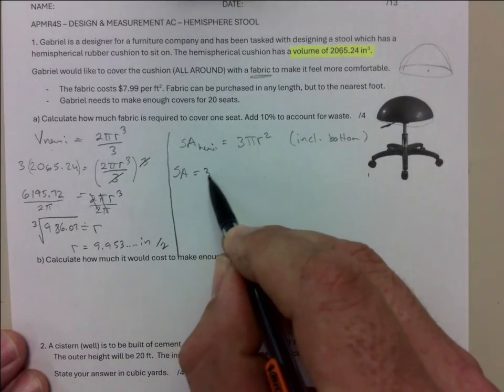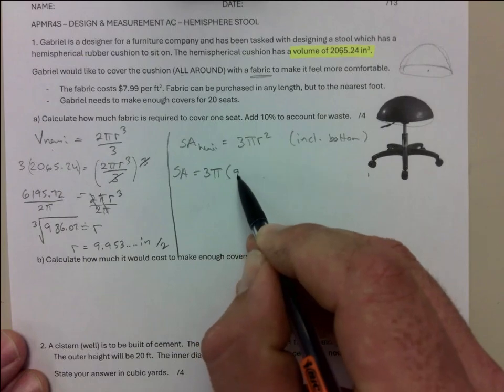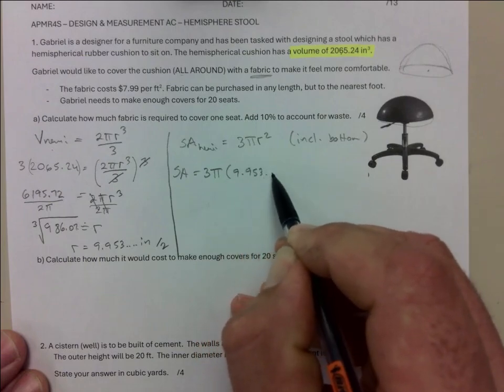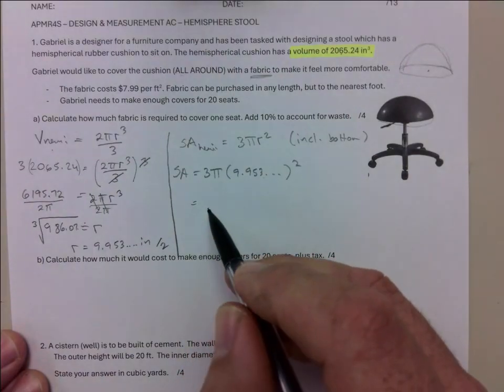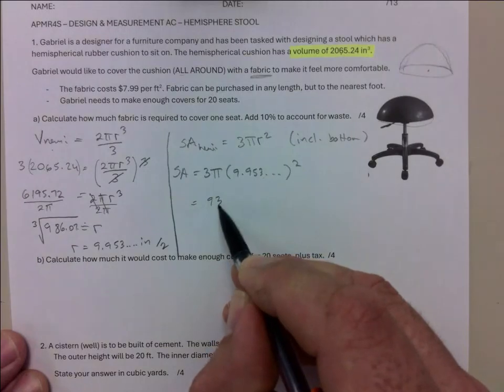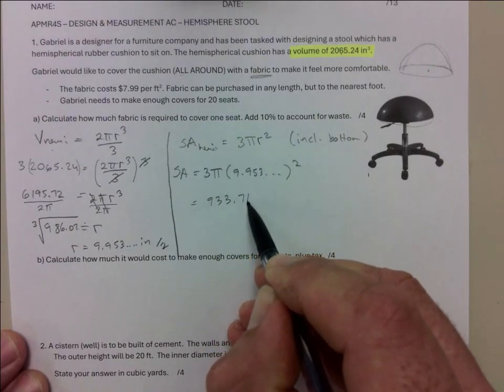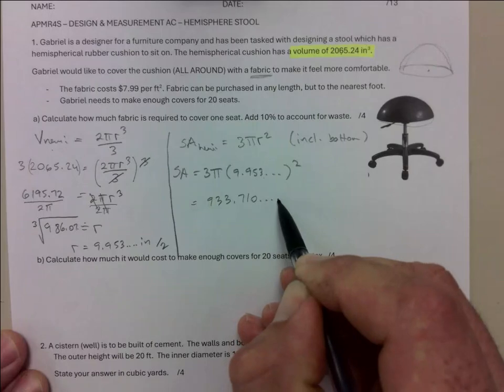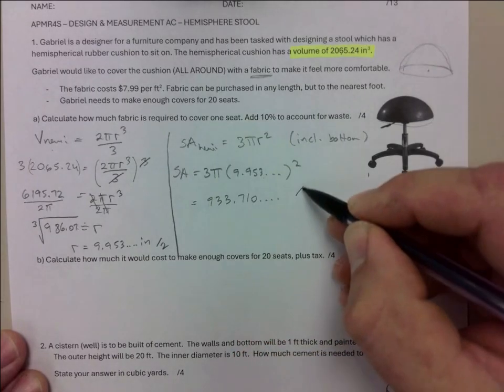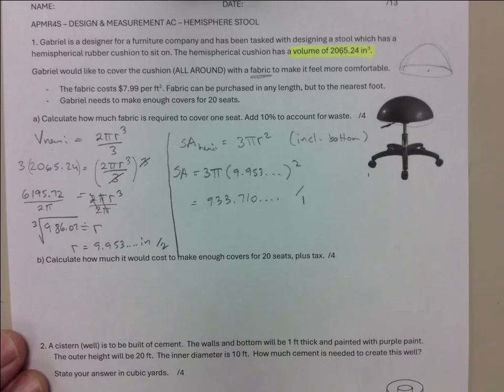So we're going to go 3 pi times 9.953, and it keeps going, squared. If you do that, you get 933.710, I think. That's what I'm reading here. Keeps going.